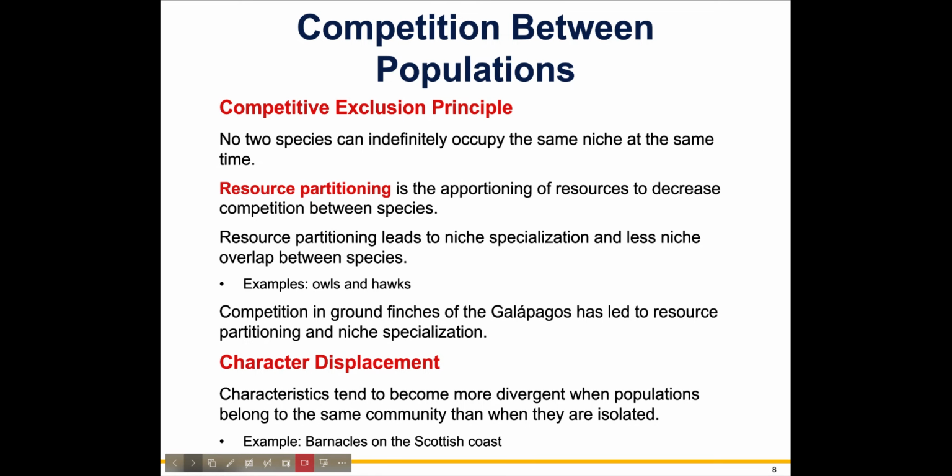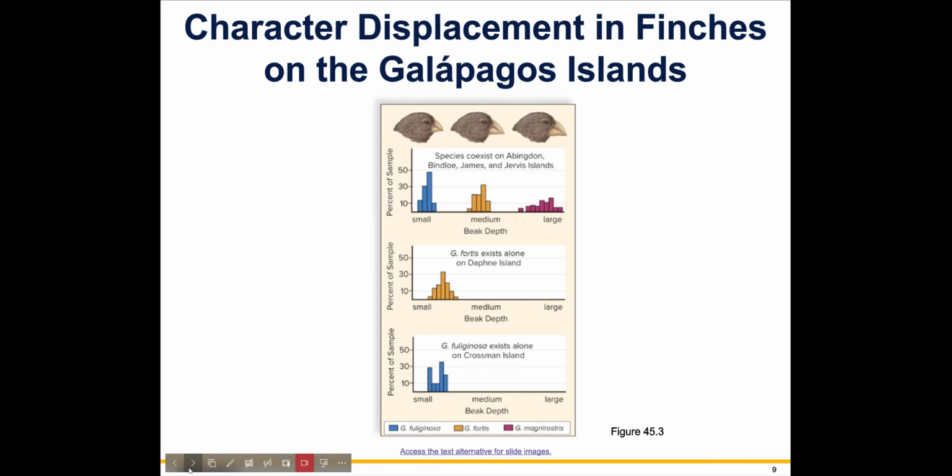We have two different species of barnacles. Some are more tolerant to salt spray and being kind of dried out. Others require more water and to be at a depth, or they will dry out. And so we've kind of created these characteristics that are more separated. So again, we're not overlapping those niches.